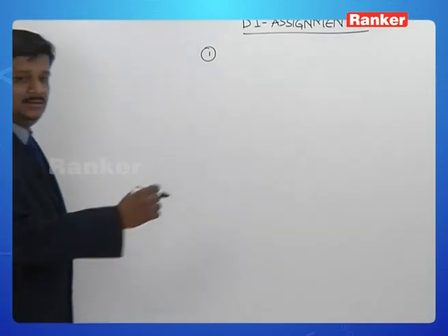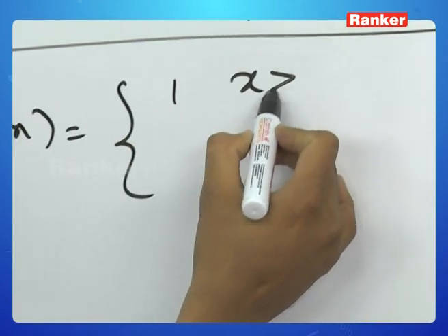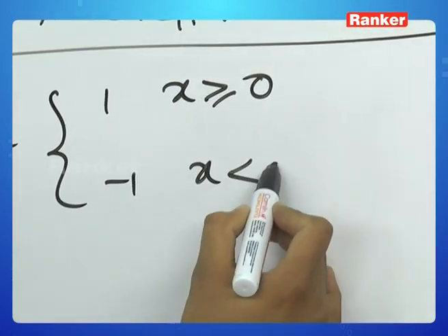It is given that f of x is 1 if x is greater than or equal to 0 and minus 1 if x is less than 0.